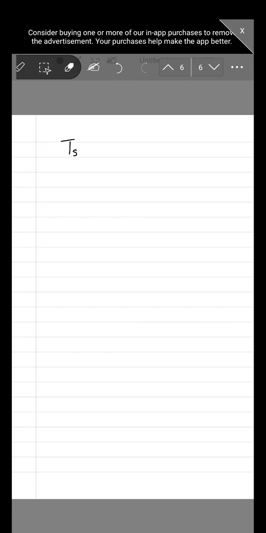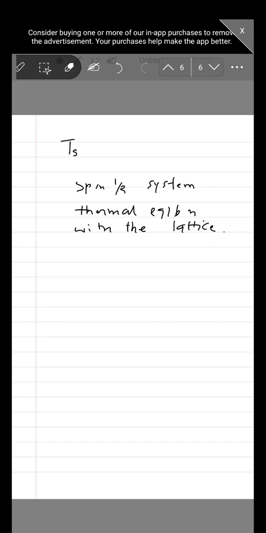So if we consider a system of spin half in thermal equilibrium with the lattice.